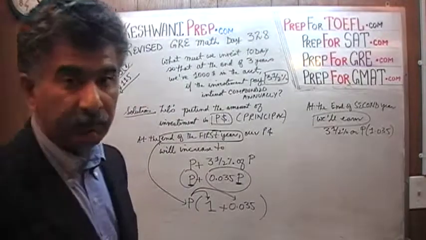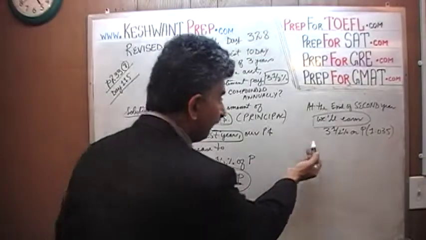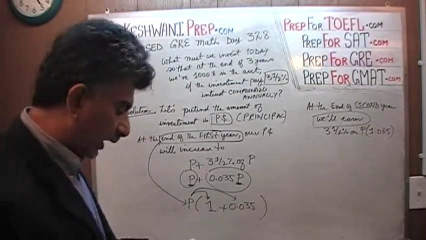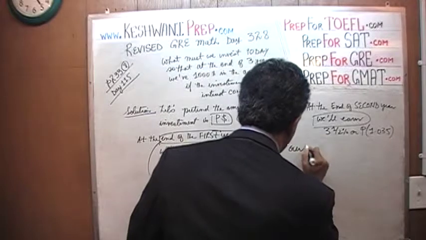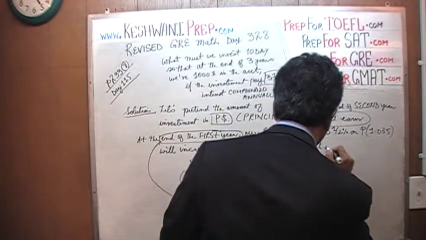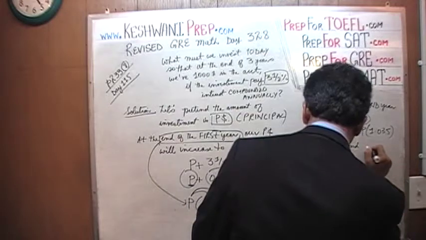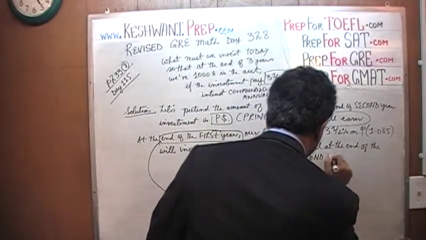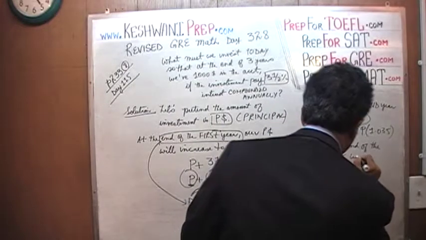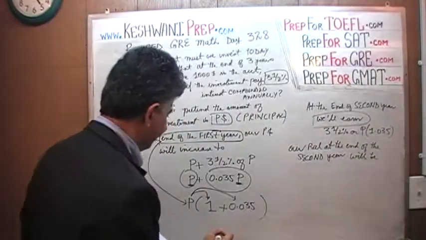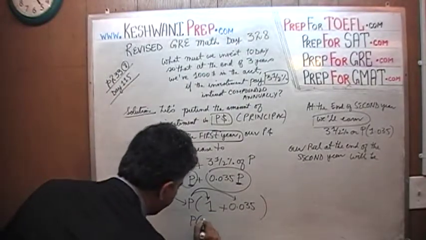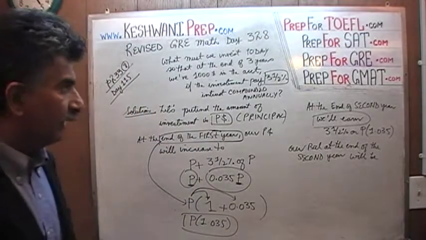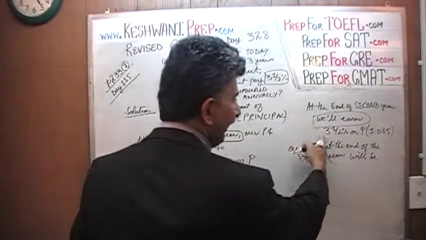But that's not the total amount of money we will have at the end of the second year, because this is the amount of interest we will earn on it, and this is the amount we start out with. So our total money, our balance at the end of the second year will be this amount that we start out with, which is P times 1.035. This is the amount that we start out our second year with, plus 3.5% of that amount.